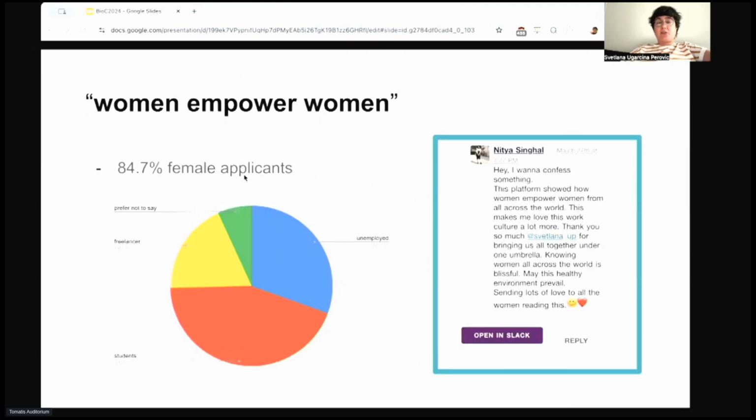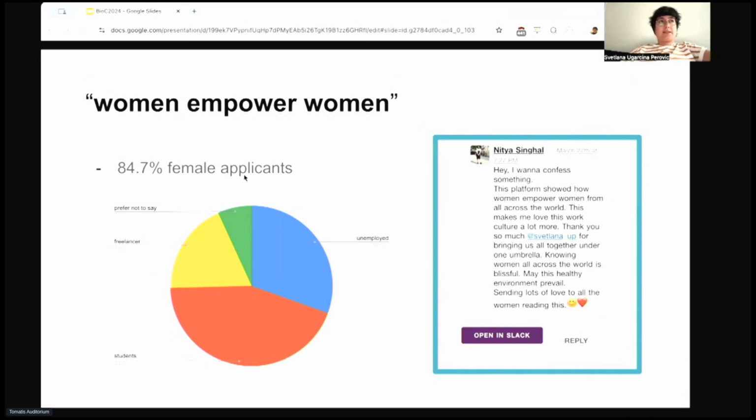The high percentage of female applicants, almost 85%, shows strong interest from women. The diversity of applicants, including students, freelancers, and currently unemployed, indicates the program's broad appeal and potential for impact across different career stages.